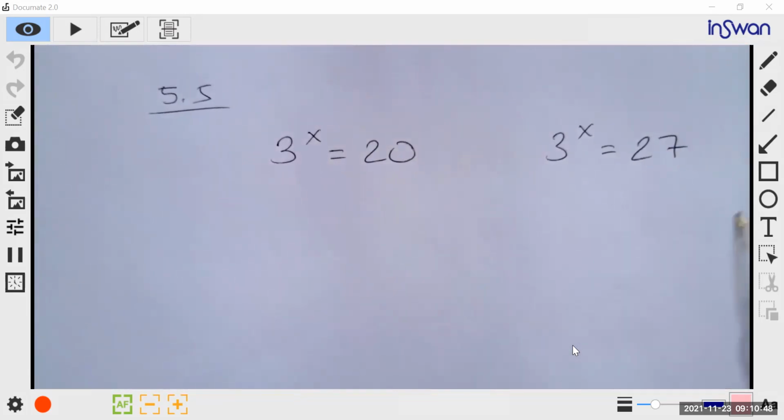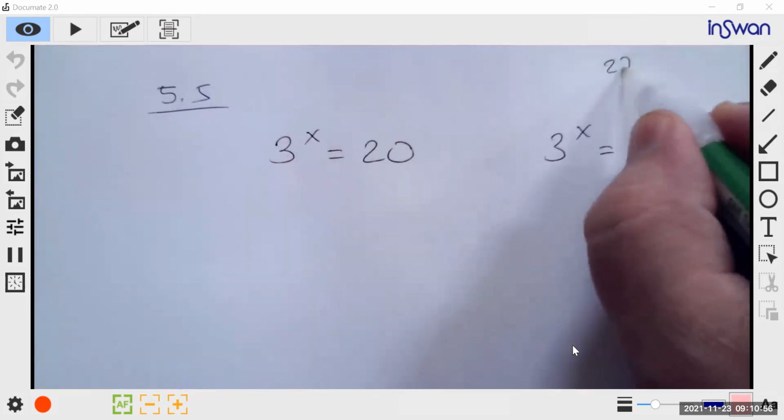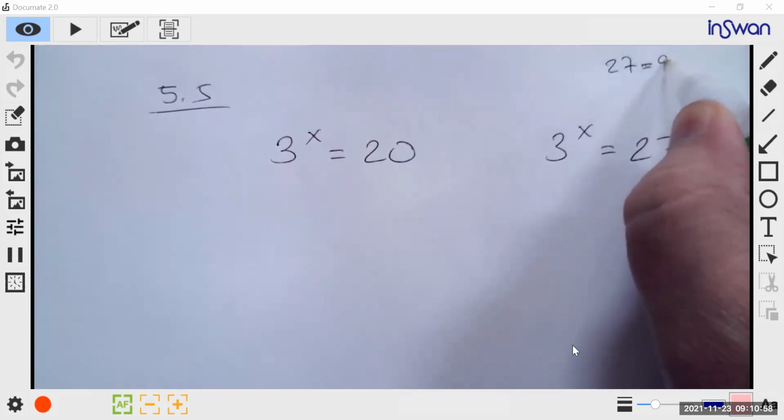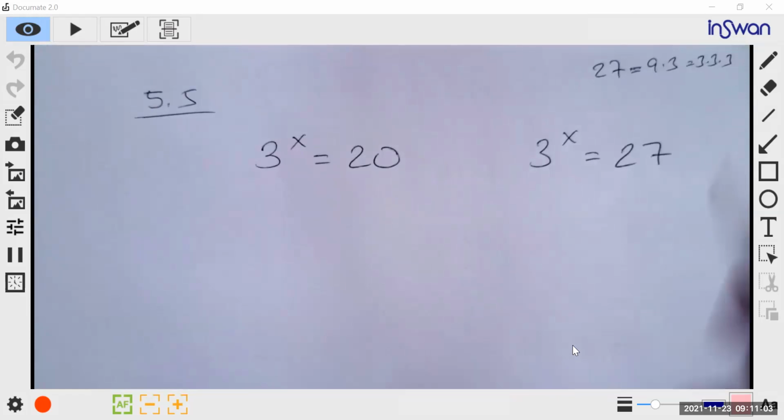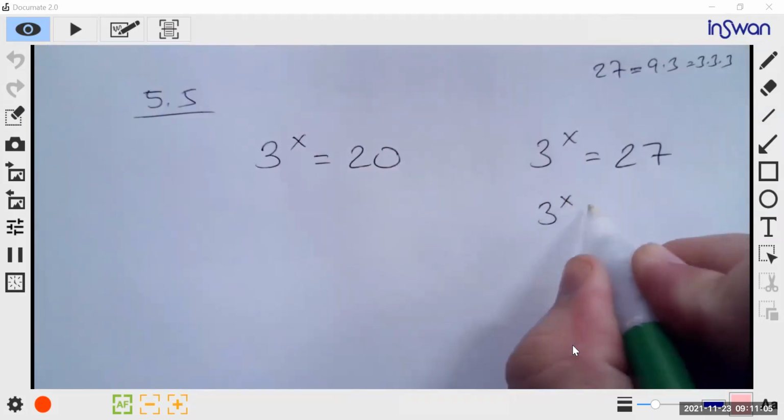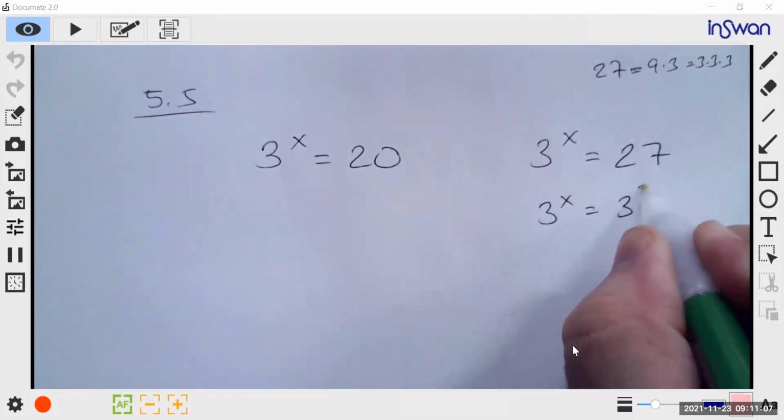Our first plan of action is try to get the same bases, if at all possible. 27 is 9 times 3, which is 3 times 3 times 3. 27 is 3 cubed.